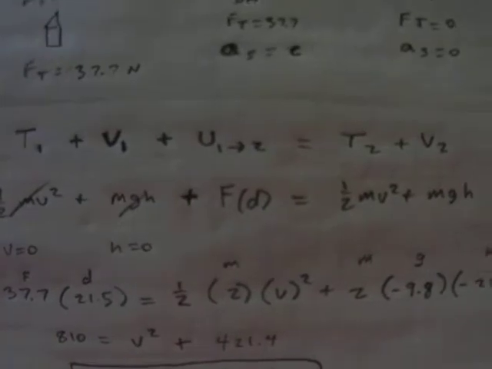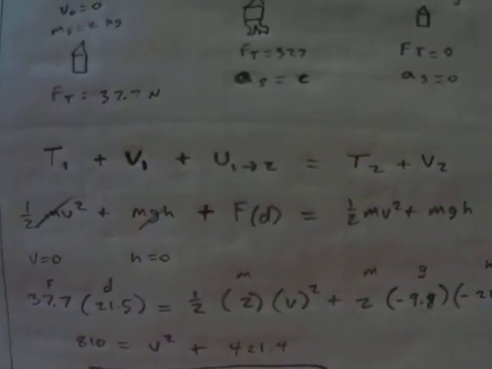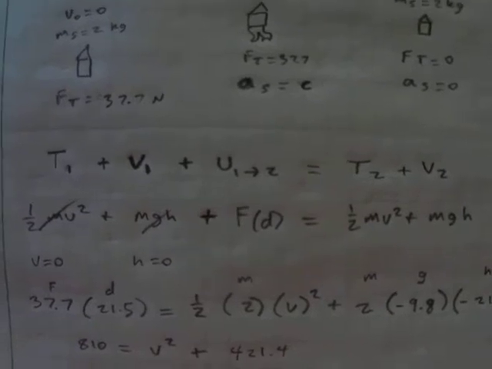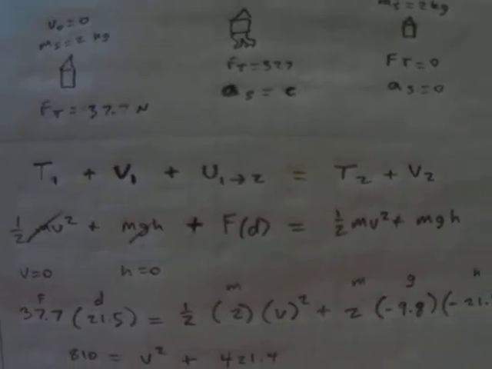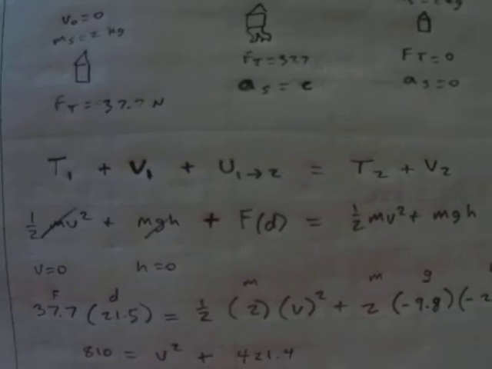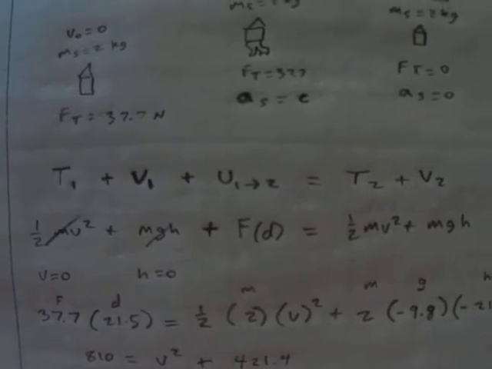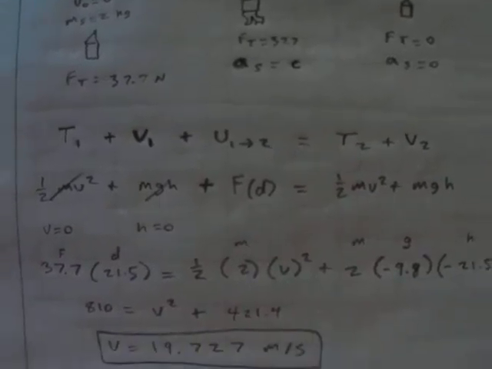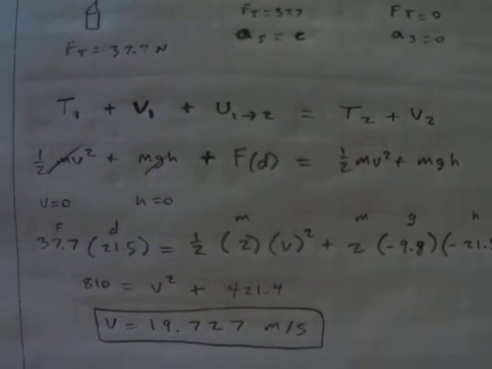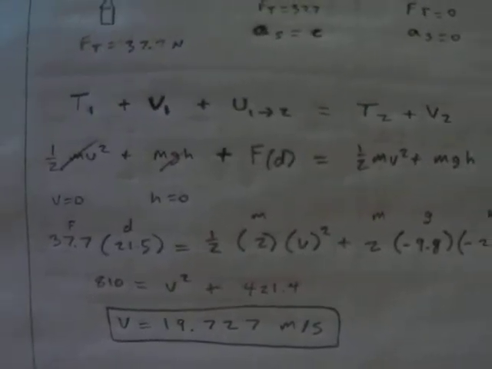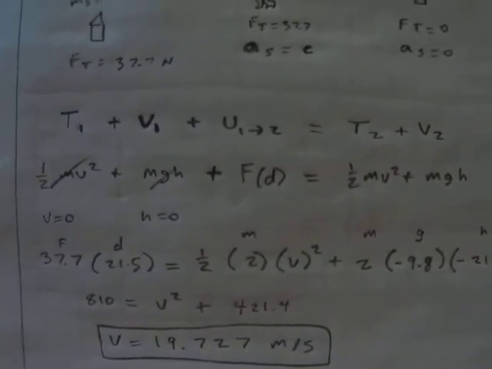Once we do that, we write out our energy momentum equation. We have the kinetic energy at position 1 plus the potential energy at position 1 plus the work to get from 1 to 2 equals the kinetic energy at position 2 plus the potential energy at position 2. I went and inputted all of our variables. Kinetic energy is 1 over 2 mv squared.